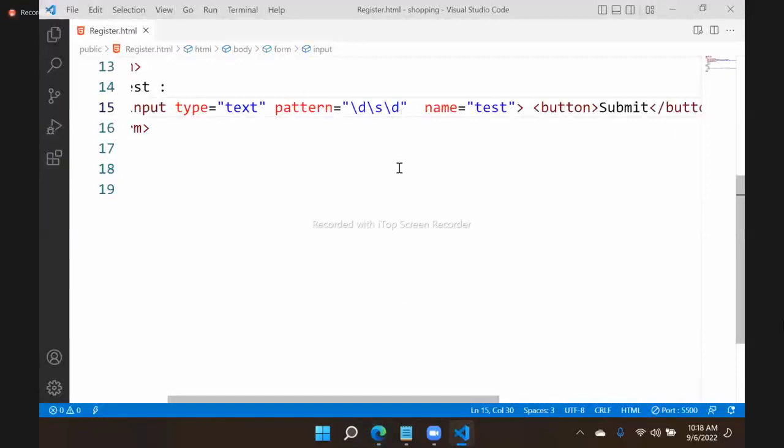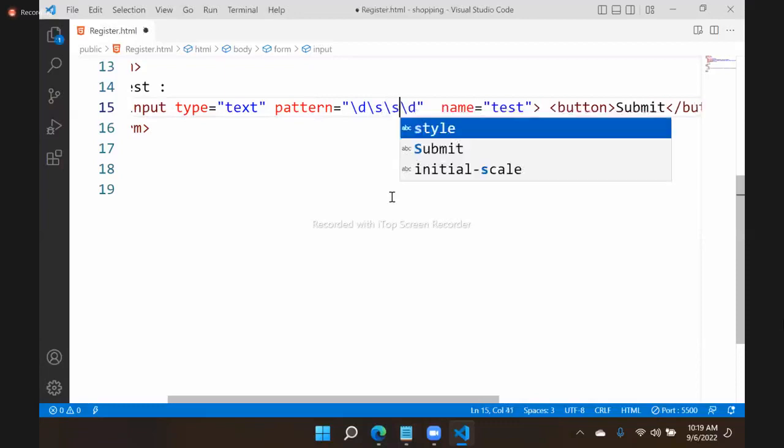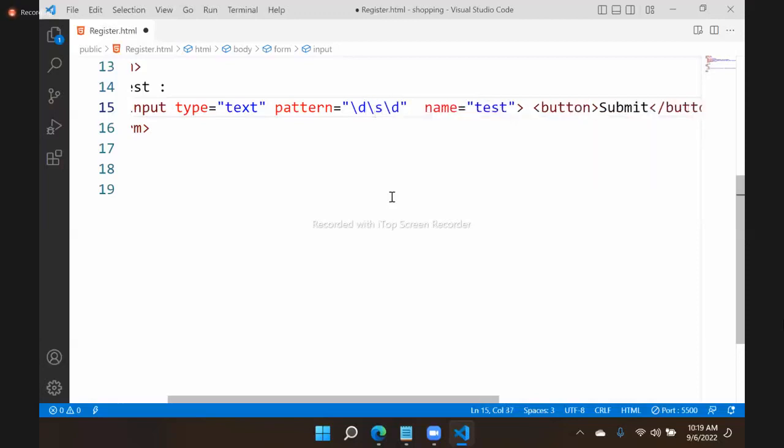Space means a single character. If you want to allow before and after, you have to use \s before and \s after. You can mention 2 spaces, 3 spaces also. You can use another \s. That means 2 blank spaces are allowed. That depends. You can use combinations. Suppose I'm using \w, \s and \d.